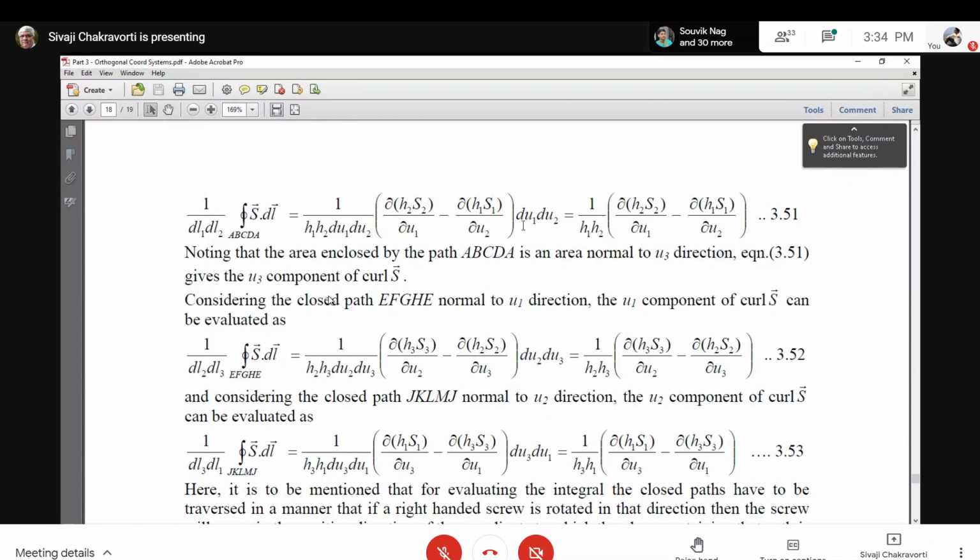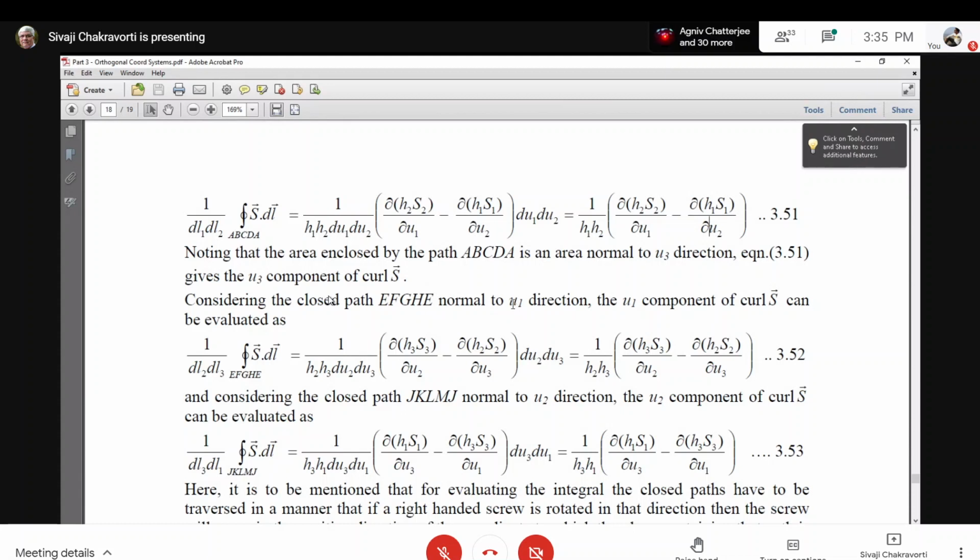And you can see here again you have a very beautiful cyclic order. See here, in equation 3.51, in the U3 component, it becomes 1 by H1 H2. Then it becomes del of H2 S2 by del U1 minus del of H1 S1 by del U2. See, in the U3 component, it is all 1 and 2.